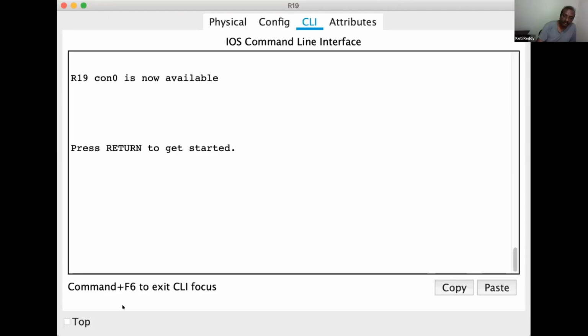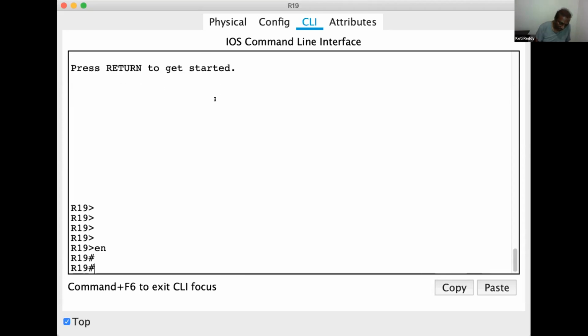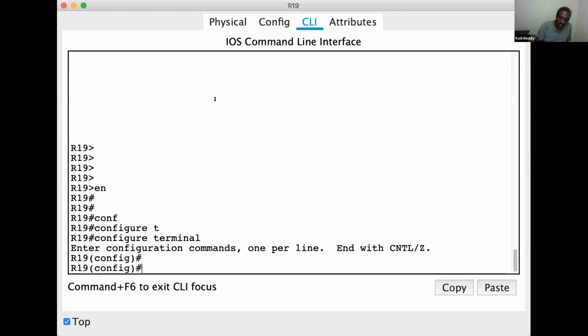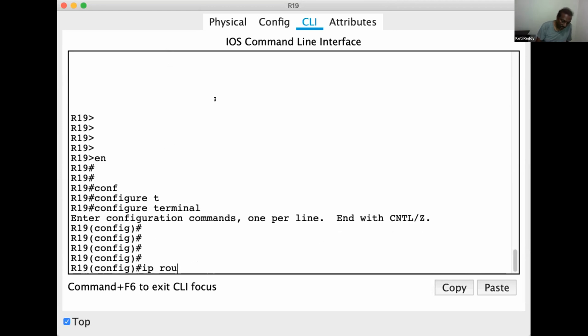So R19, add a route. I say enable, I say configure terminal, I say IP route 0.0.0.0 0.0.0.0.